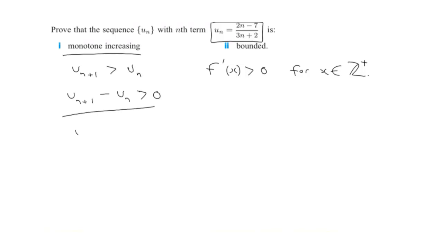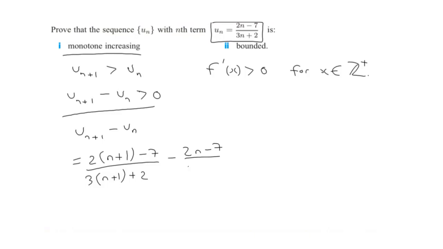So un plus 1 minus un is going to equal (2(n plus 1) minus 7) over (3(n plus 1) plus 2), so that's the n plus 1th term. We subtract the nth term, which is just given to us, minus (2n minus 7) over (3n plus 2).